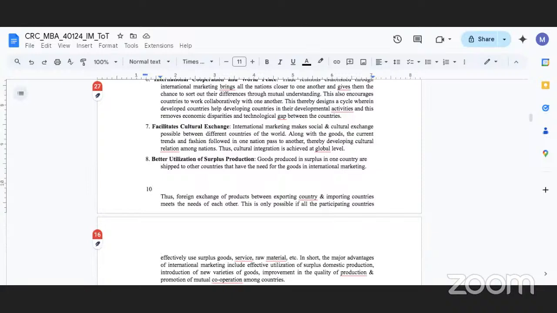There is also international cooperation and workforce. Here what happens is, because there is a cycle being applied where developing countries are offering their resources at a lower price, several advanced countries penetrate into that market and utilize the natural resources or the manpower that is available at a lower cost. At the same time, the country from which they are sourcing also benefits, and it helps to remove some of the economic disparities and the technological gap between the countries.